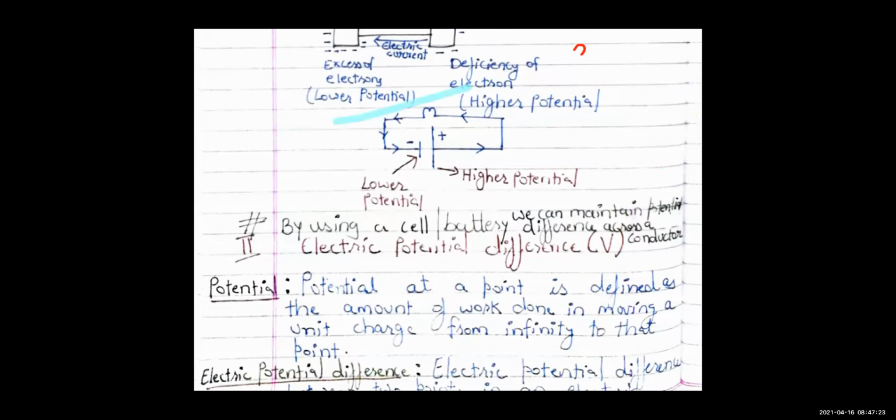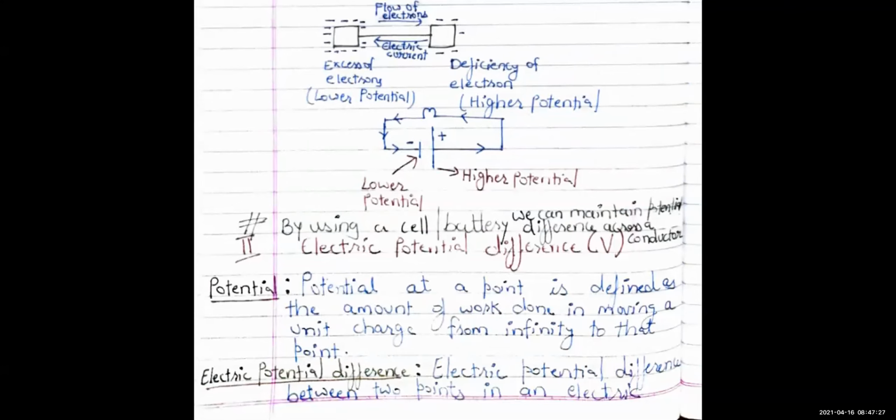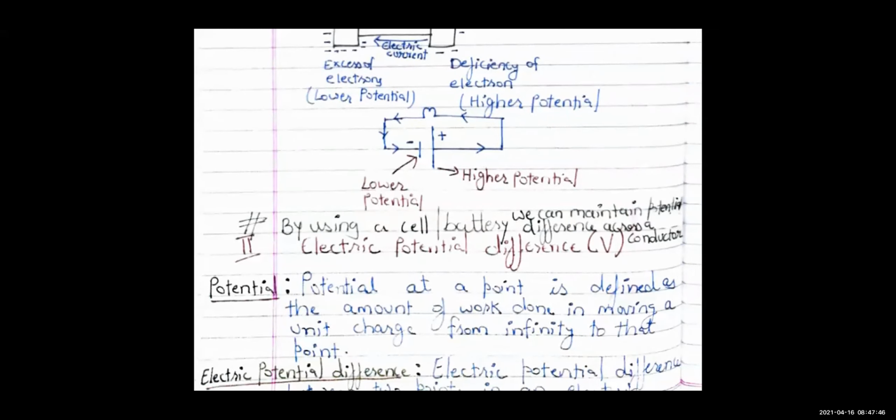Now let's talk about the definition for electric potential difference. The definition is very simple. That is the difference between the potential at 2 points, right? Suppose you want to define electric potential difference. How are you going to define it?